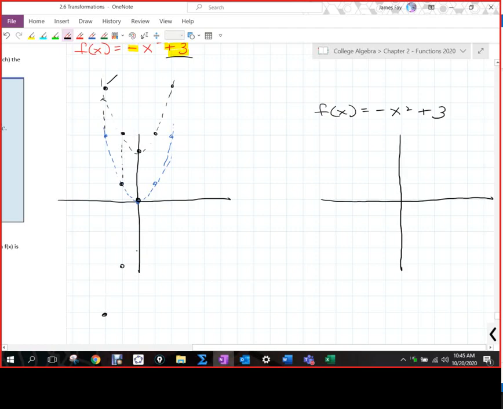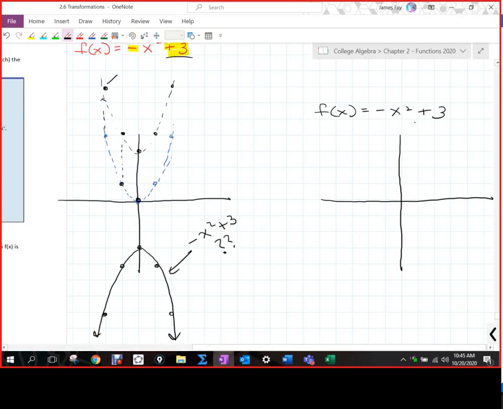Y value of 3 goes to negative 3. And then I'm going to use the symmetry component to help me get these other points. So right now, based on the order that we did those transformations, that, I think, is negative x squared plus 3. And I'll put a question mark on that.